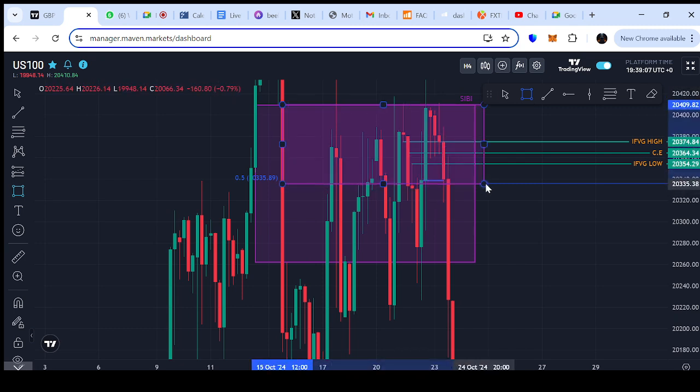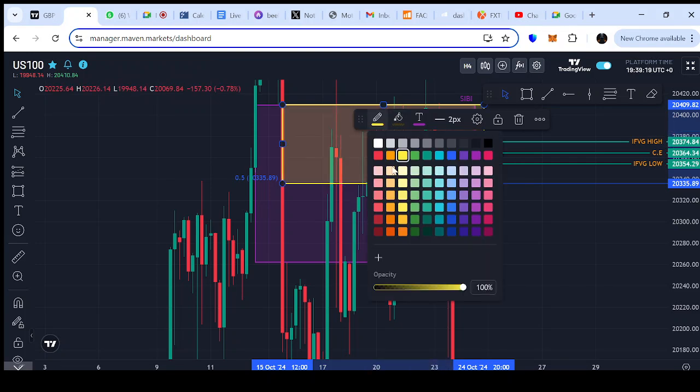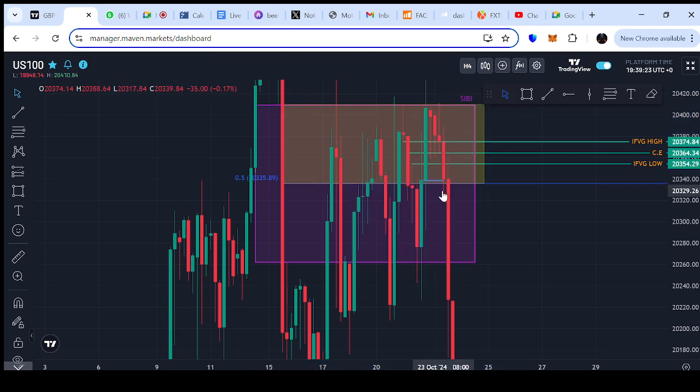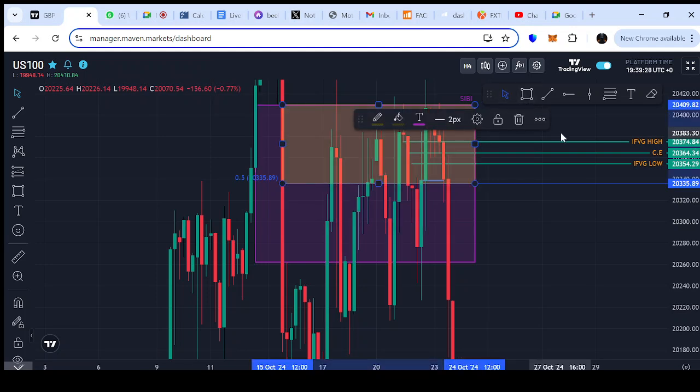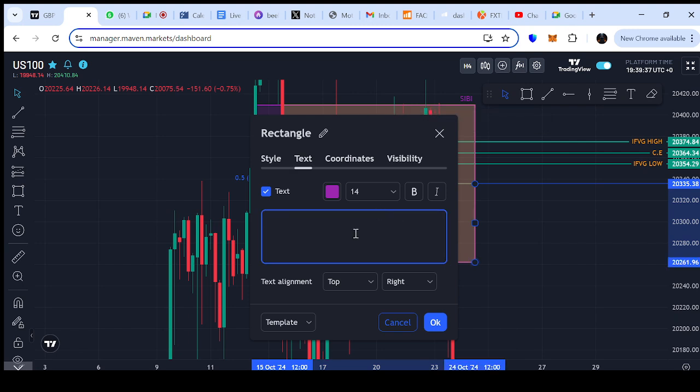The upper side, that's the upper quadrant of the half of the inefficiency. Then the lower quadrant will stand as a discount.